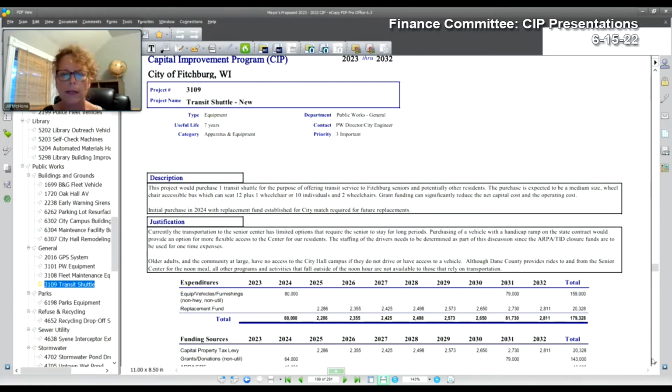And I see that the mayor had pushed it out to 2024, which, you know, obviously I think you could tell I'm very passionate about transportation, not just for older adults, but for the whole community. And I understand that the purchase of the bus is a big ticket item, but the complications of what that looks like and how we provide that service still needs to be fleshed out.